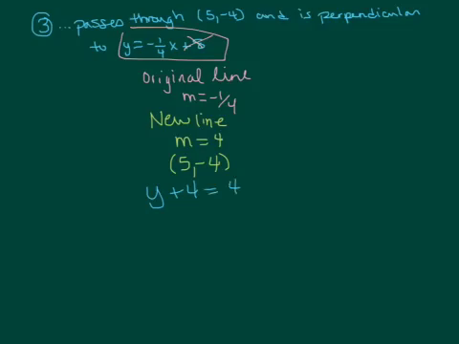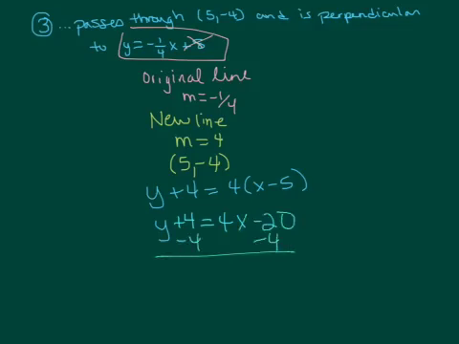I will end up getting y plus 4 equals 4 times the quantity x minus 5. Now you can distribute, and then when you subtract 4 from both sides, you get this entire problem into slope-intercept form, and you get y equals 4x minus 24.